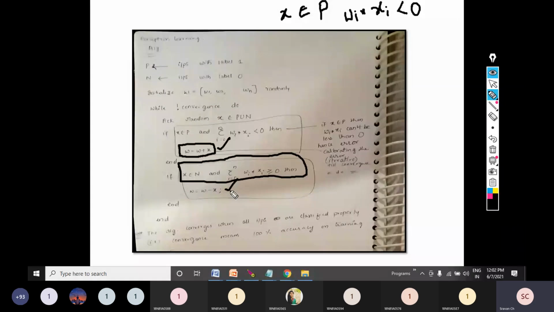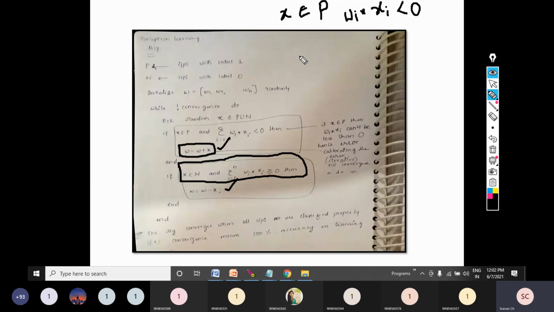So slowly this algorithm will try to converge. Slowly we will reach a place where these if conditions will always be false. If it is a positive example, the product will also be greater than 0, right? When we reach convergence, our weights will not be updated further.